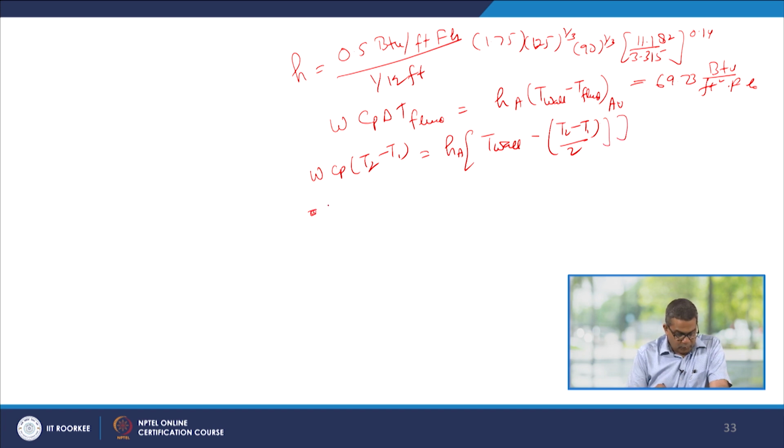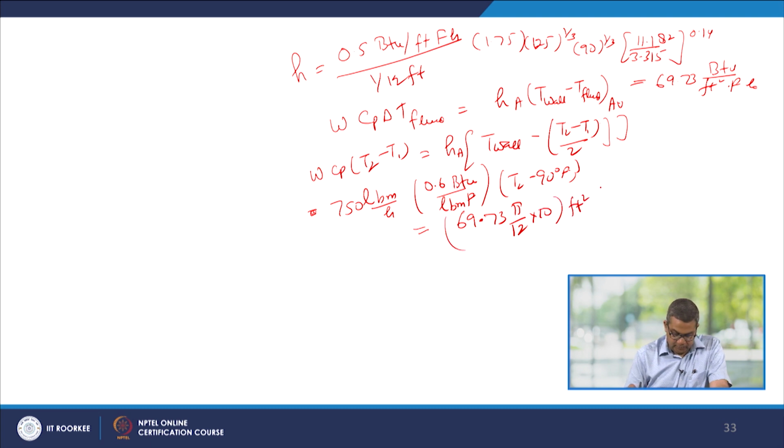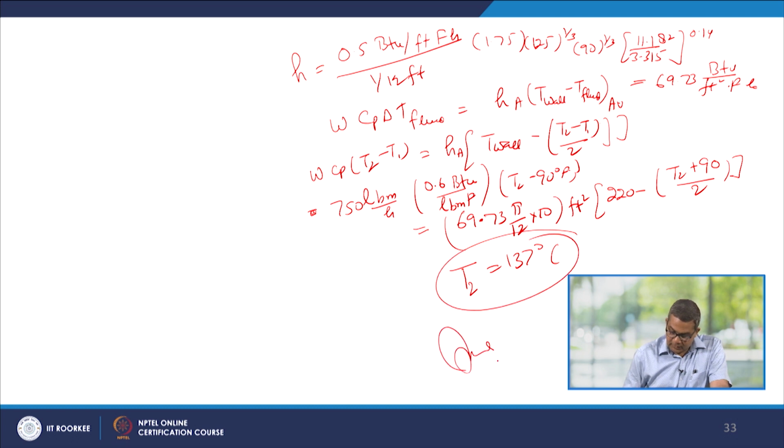So, this comes out to be 750 over 0.6 into (T2 minus 90 Fahrenheit), and this comes out to be 69.73 by 12 into 10, and the calculated value of T2 is 137 degree Celsius, and this is our answer.